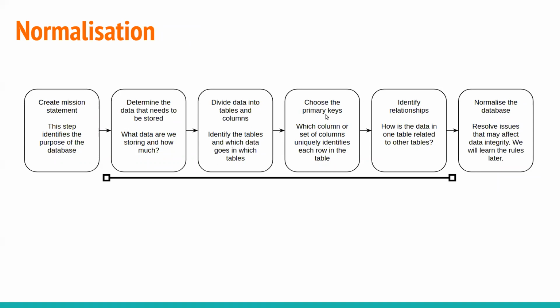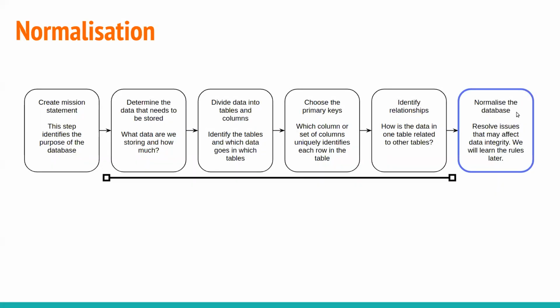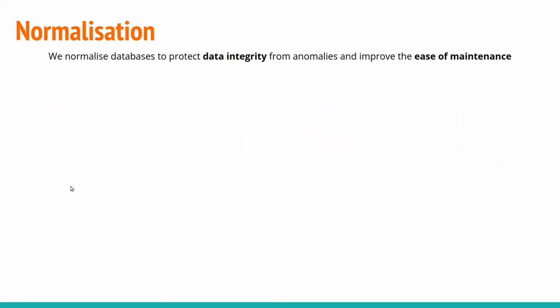We're able to choose the primary keys, the column that uniquely identifies each row. And we're able to identify the relationships. The last step is to normalize the database, and that's going to resolve a lot of the issues that we have. Normalization is quite a long concept, but we'll get into it now.